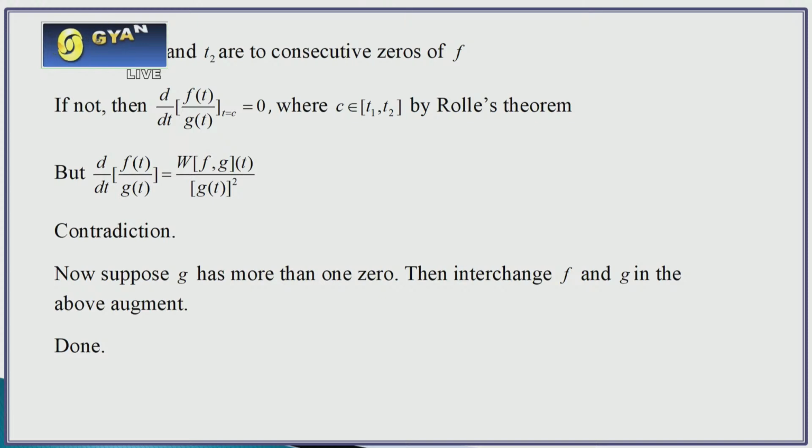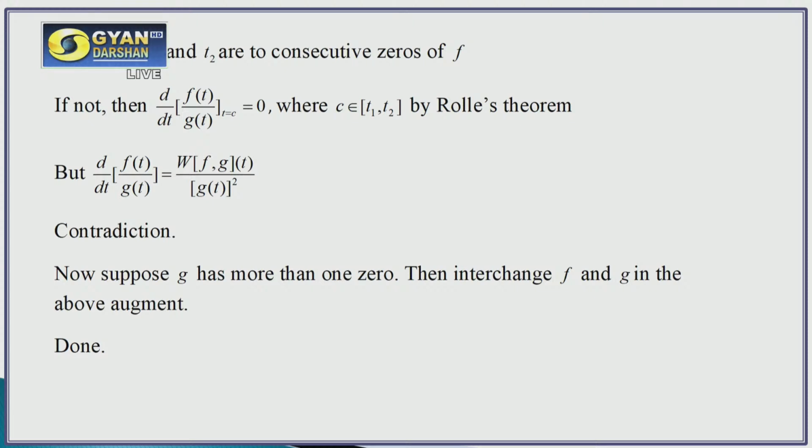Now we have assumed that g(t) is not equal to 0 between t1 and t2. So it only concludes that the Wronskian should be 0, which means they are linearly dependent, but as per our assumptions they are linearly independent. So our assumption is wrong that there is no zero between t1 and t2. So there is at least one zero between t1 and t2, so that g(t) becomes 0 in this interval, a contradiction.